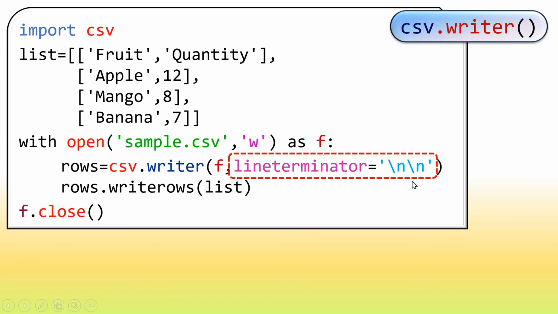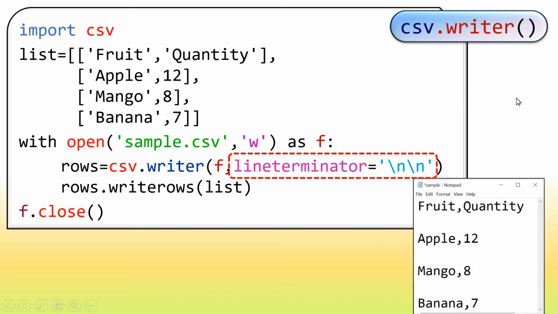So here I have mentioned newline twice, \n twice, because if you mention once, each record will be in a separate line. Only when you mention newline twice, there will be a blank line in your CSV file. So when you open sample.csv, you can see that there is a blank line in between the records.